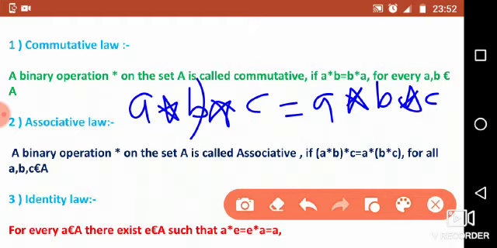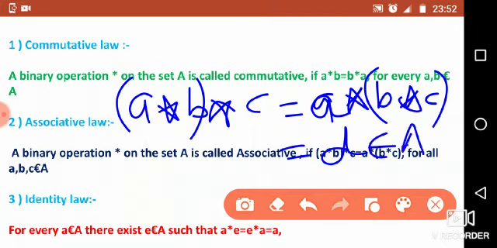If I regroup the terms, it gives the same element and the resulting element also belongs to the given set, then such law is called an associative law.